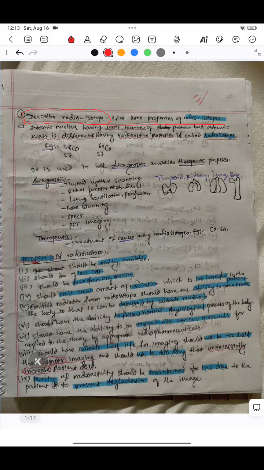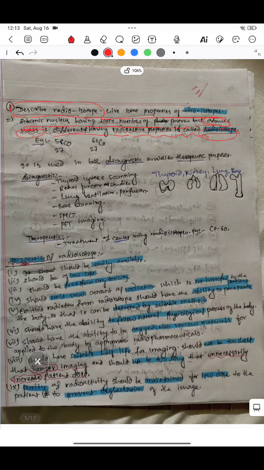An isotope means any atomic nucleus having the same atomic number but a different atomic mass. So, atomic nuclei having the same number of protons, meaning the same atomic number, but different atomic mass, and those having radioactive properties are called radioisotopes.